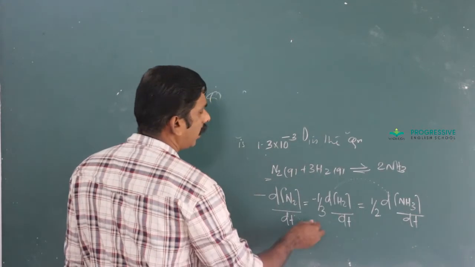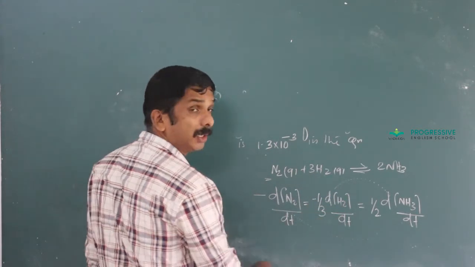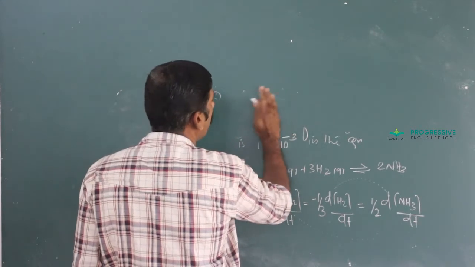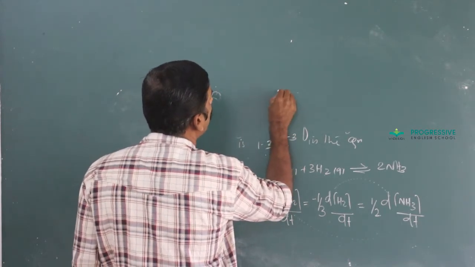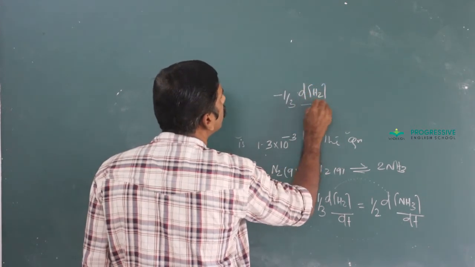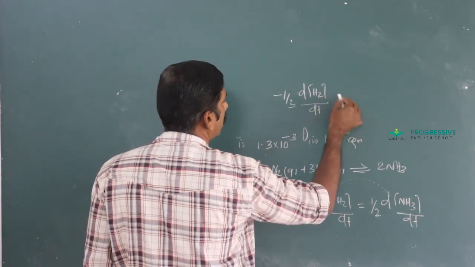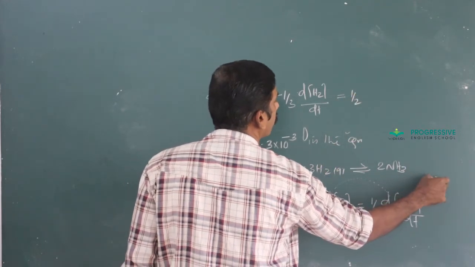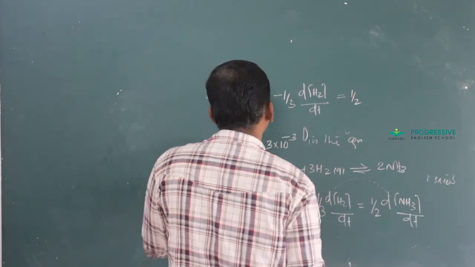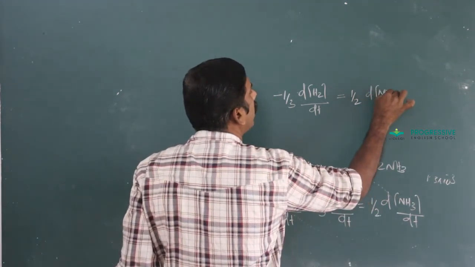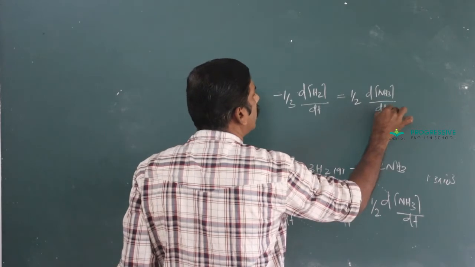Here we have to calculate minus dH2 by dt, isn't it? Rate of disappearance of hydrogen. From this relation we just equate minus 1 by 3 dH2 by dt equal to 1 by 2 dNH3 divided by dt.